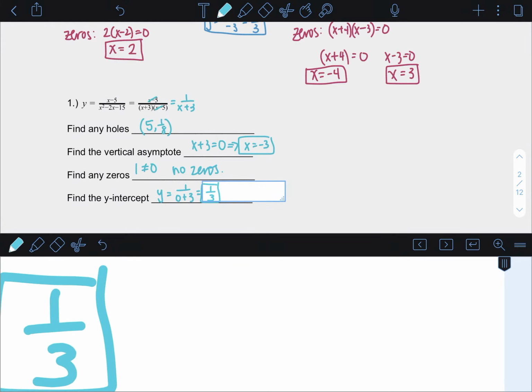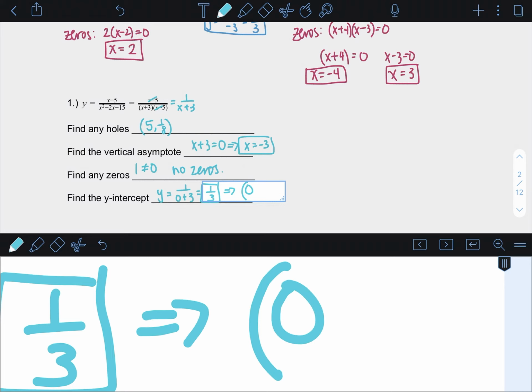One thing I also forgot to mention is that intercepts and zeros are technically points. So another way we can write this, if you don't leave it as y equal to 1/3, we want to write it as a point. So it would be 0, 1/3, okay, because then that's actually an intercepting point rather than a line.